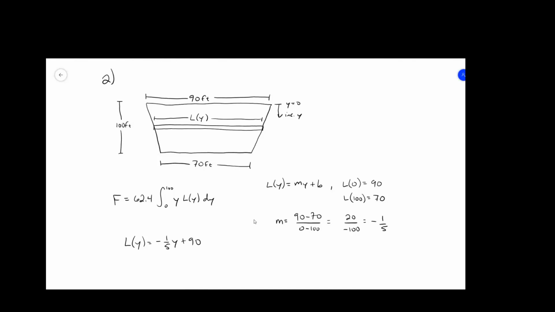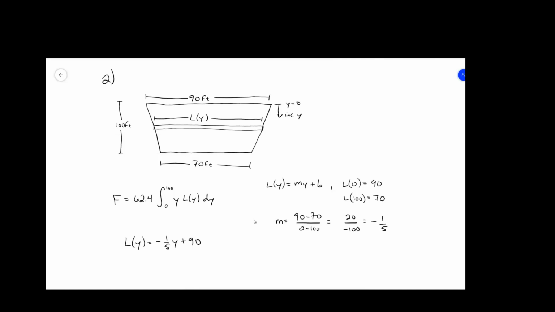And then you can always check this too, just like we did with the work problems. Does this produce the values that we expect, right? Like if you plug in 0 for y, what you get is 90, right? And so that thing really does give you the value when y is 0. And then when you plug in 100, then 100 times 1/5, that's 20. That'll be negative 20 plus the 90. That gives you 70, right? So that's the L value at the bottom of the dam.